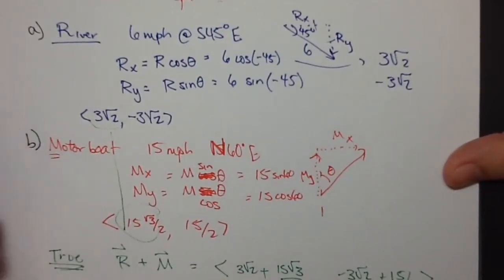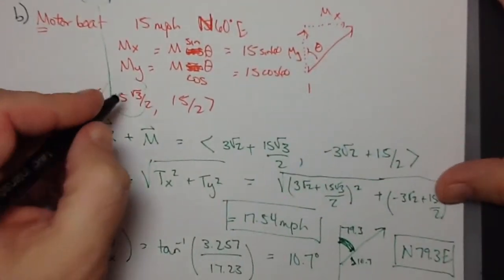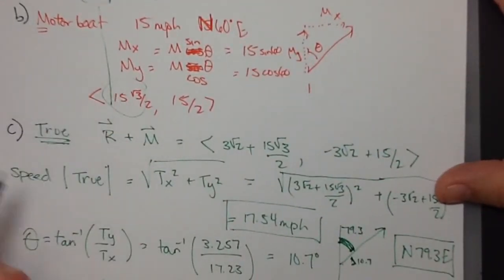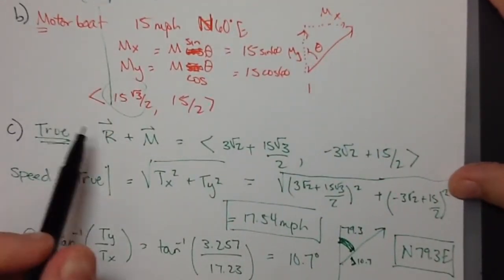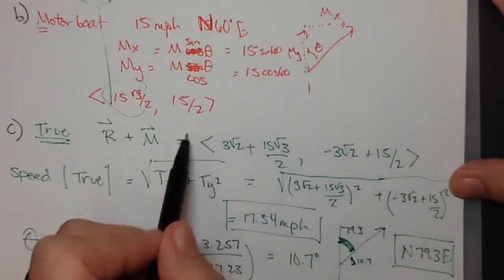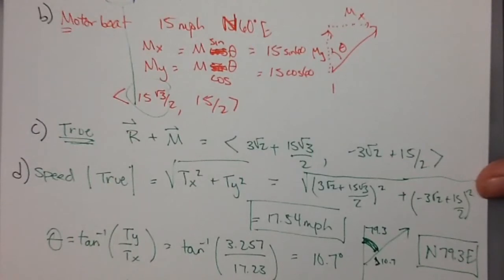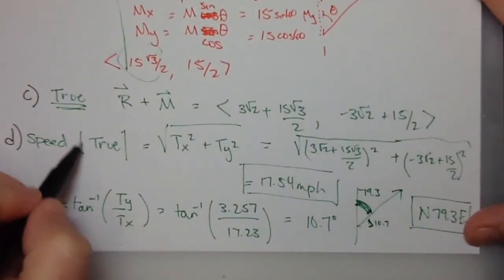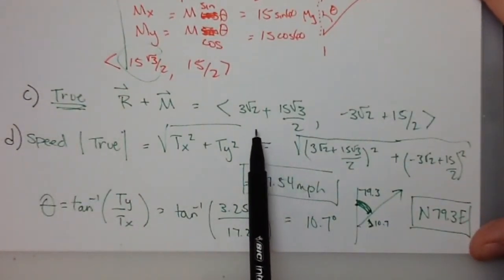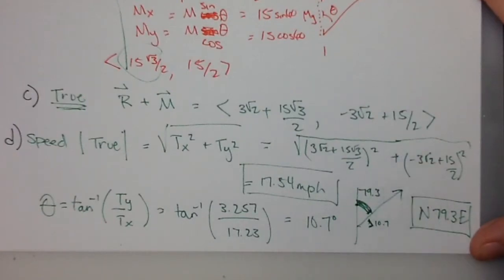Part B was finding the velocity of the motorboat in components. Part C was finding the true velocity, which is the vector sum. Part D is finding the speed of the true velocity. That means take the absolute value. So it's the x component squared plus the y component squared and take the square root. And then the last part was finding the bearing.